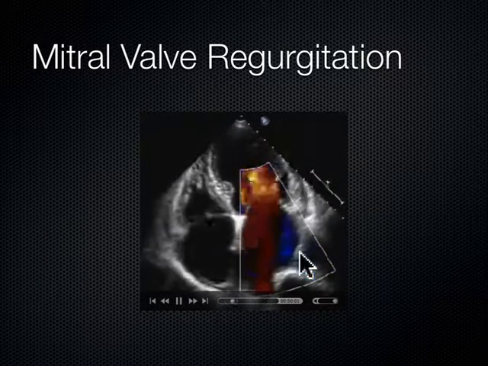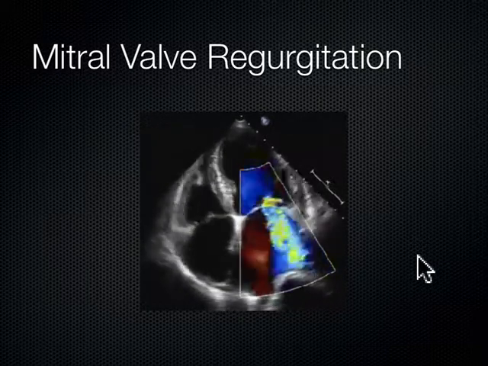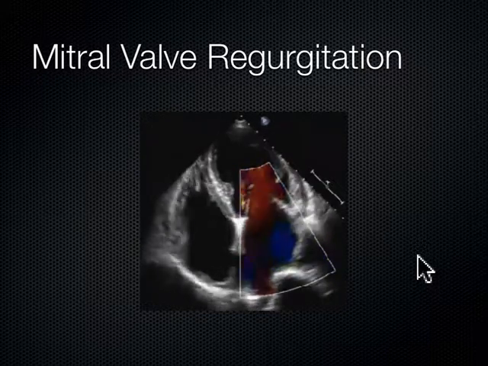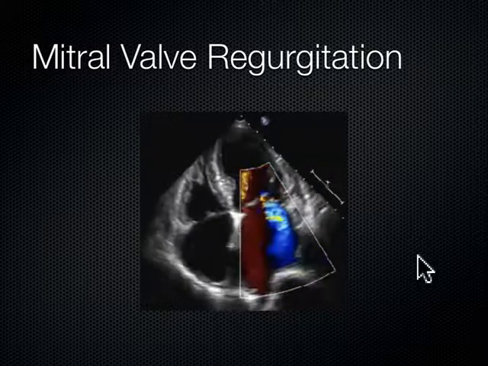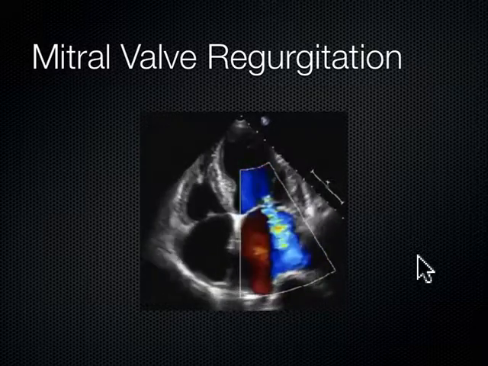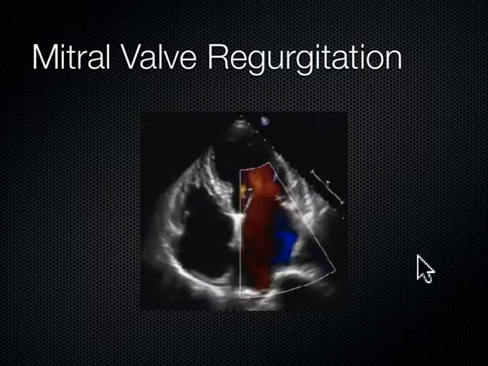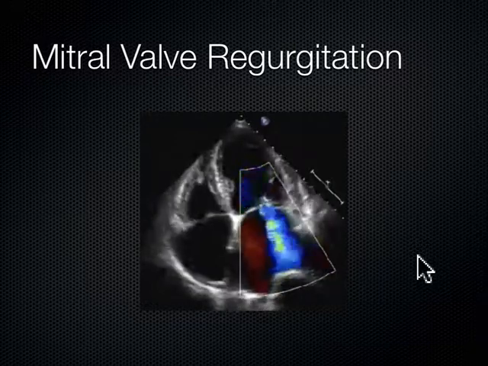So this blue jet that we see here coming into the left atrium and smacking into the far wall of that left atrium, this would be somewhere around moderate to severe mitral valve regurgitation. Because during systole, we shouldn't see that blue jet slamming back into that left atrium.